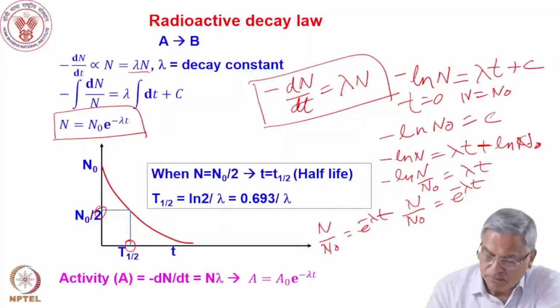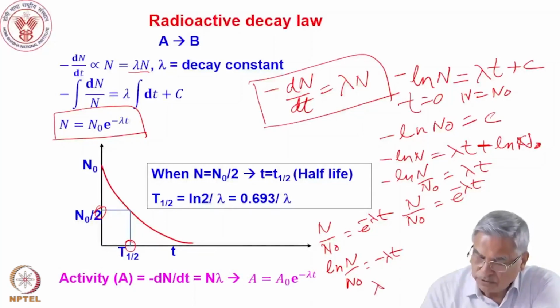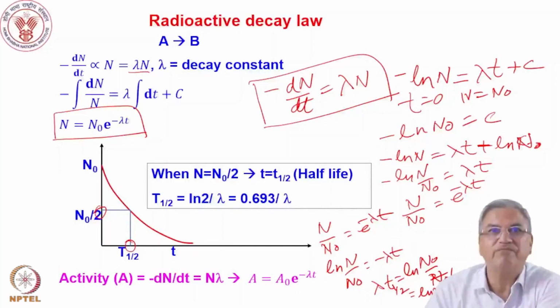Taking the logarithm, ln(n/n0) equals minus lambda t. So when n/n0 is 1/2, lambda t equals ln(n0/n), and n is nothing but n0/2, so it becomes ln 2, and t becomes t half.